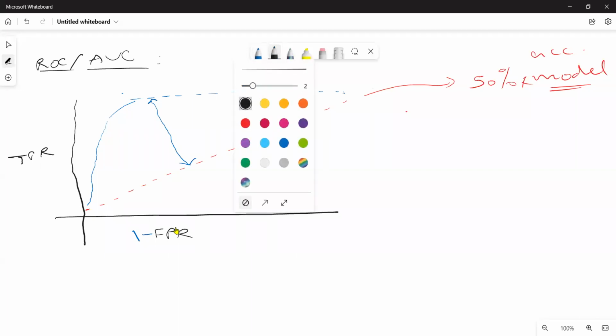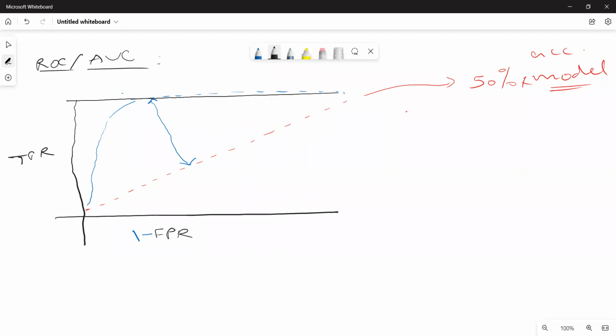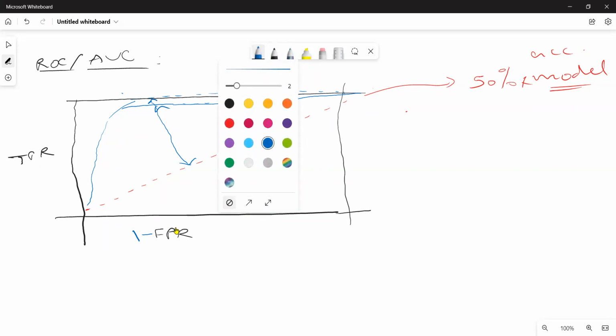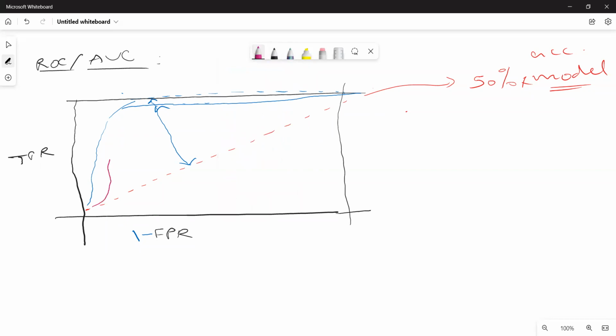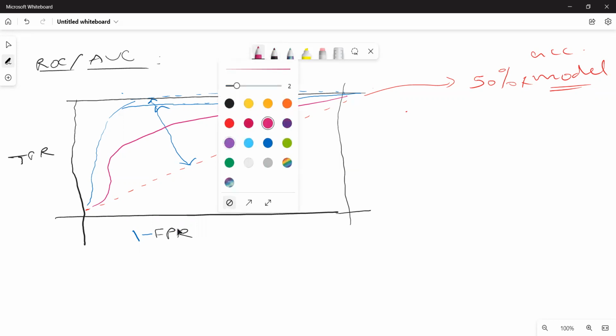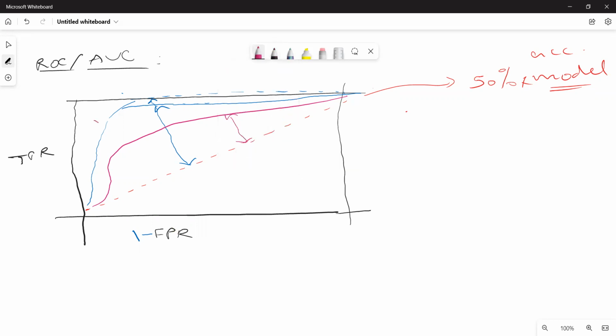And if I get a maximum distance here, it means I have a good model, a very accurate model. Let's assume I have this particular model that goes like this. If you look at this distance, this is the maximum. If I take another model, something like this, then between this distance and the blue distance, the blue distance is maximum. That means the blue distance is giving me a much higher accuracy compared to the violet distance. So the blue model is better.